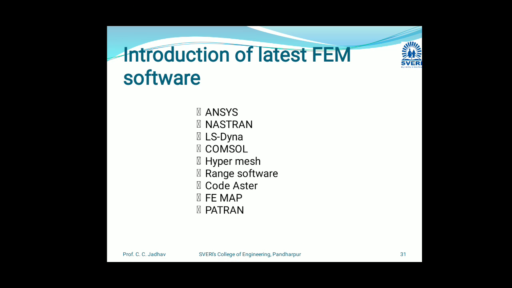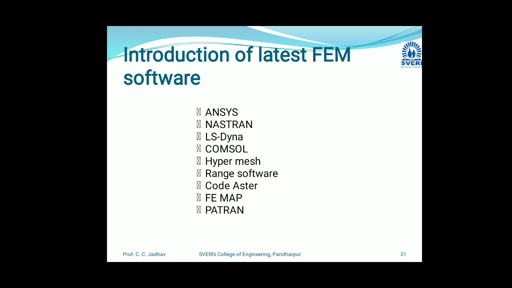So we will see our last point, that is the introduction of the latest FEA software. There are a number of analysis software available in the market which are used for the finite element method. The majority of the software works on Windows XP. Following are the major software used in the industry. First, that is ANSYS.